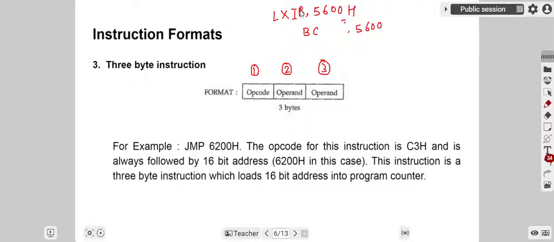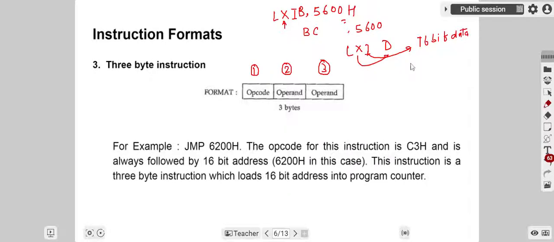This B means BC register pair here. X means extended. So extended means this BC is required to be extended. If I would write here LXI D, what does it mean? X means extended, I means immediate. So immediate data, 16 bits of data, is required.